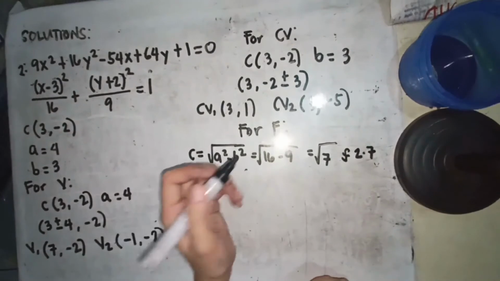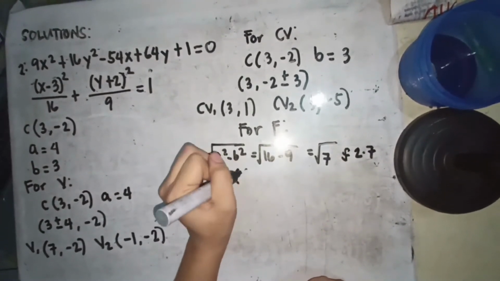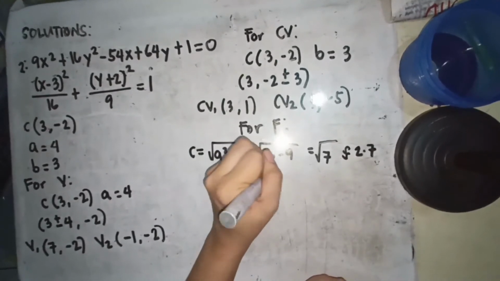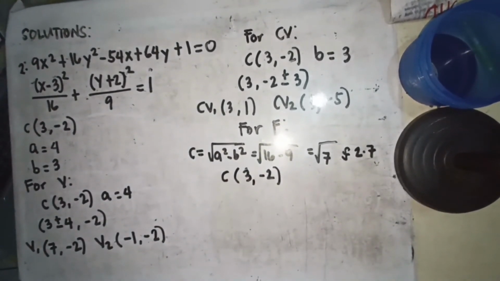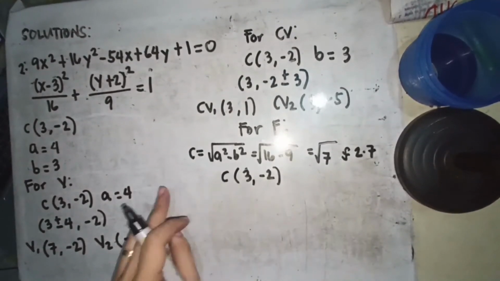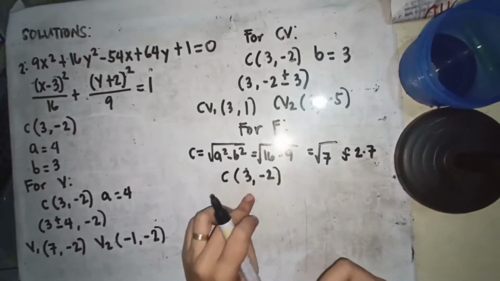Okay, next. For the foci, we have the center at 3 and negative 2. Again, since our ellipse is horizontal, the alignment of our foci will be horizontal. So we add and subtract the distance on our x coordinates.